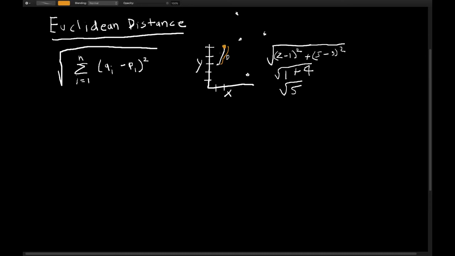We would find the distance between each of these points, and it looks like maybe these three points are going to be the closest. I'm just eyeballing it, but in theory we could have a calculation for each one of these. Then based on what these are, we would classify this new point right here.